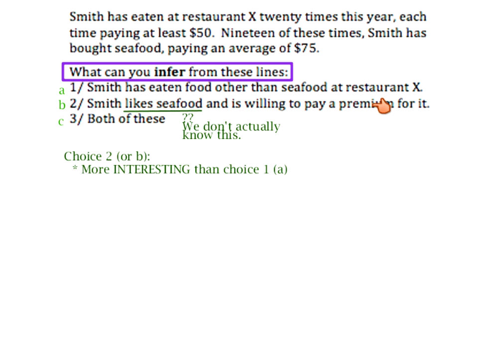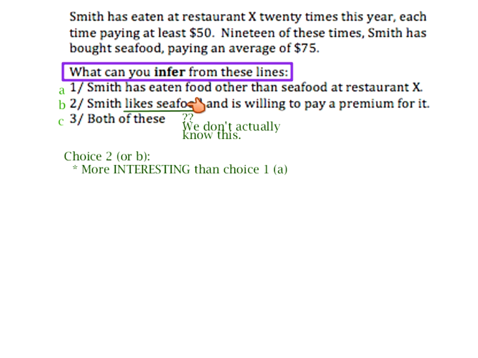And then a premium means, the word premium, it doesn't mean a lot of money. I mean, I personally think more than $10 is a lot of money to pay for dinner, but premium doesn't mean a lot. Premium means more than you pay for other things of the same type.